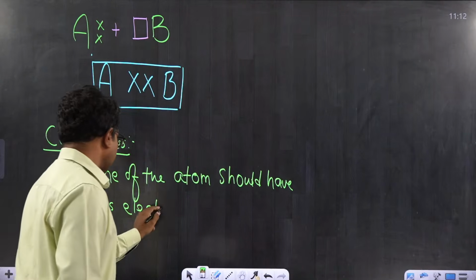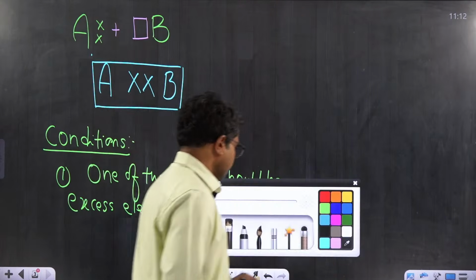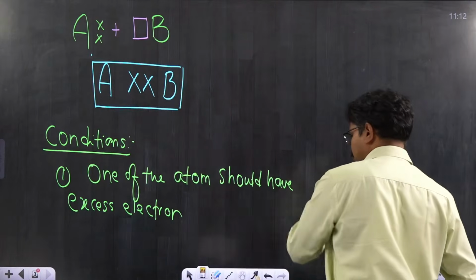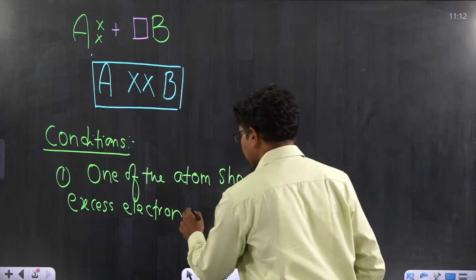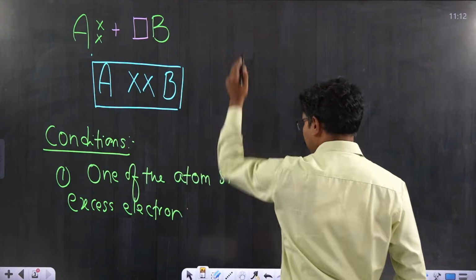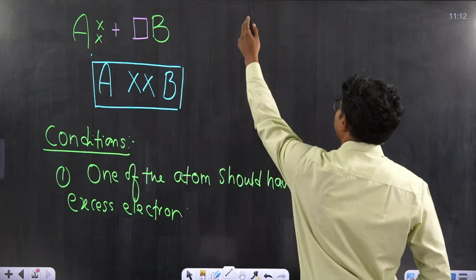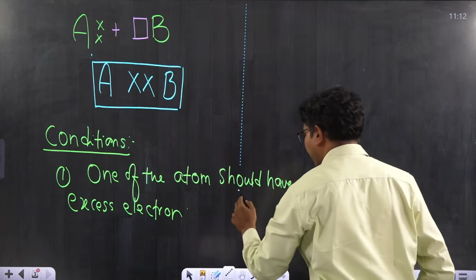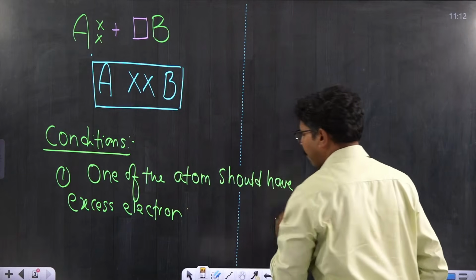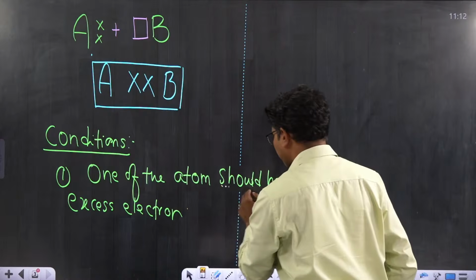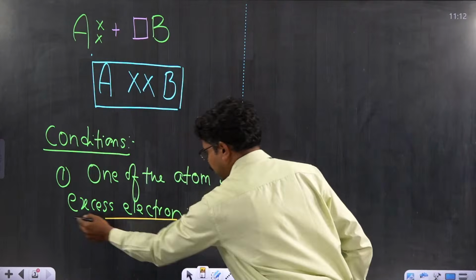In last class I explained about the non-bonded electrons. The non-bonded electrons means the electrons which are not involved in bonding and which remain as lone pairs. Here one of the atoms should have excess electrons.